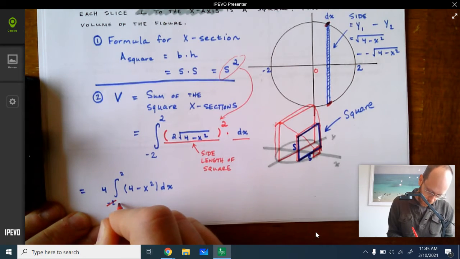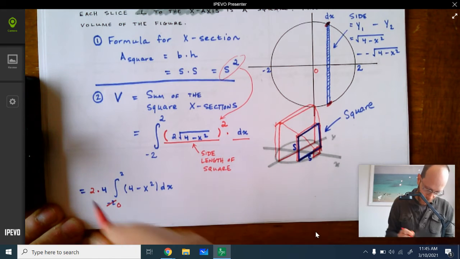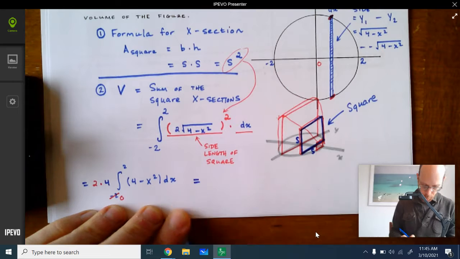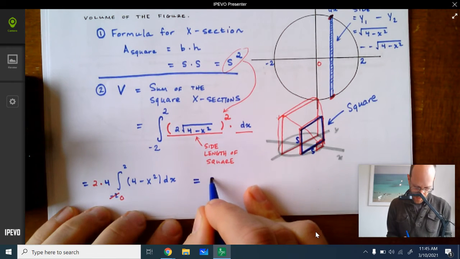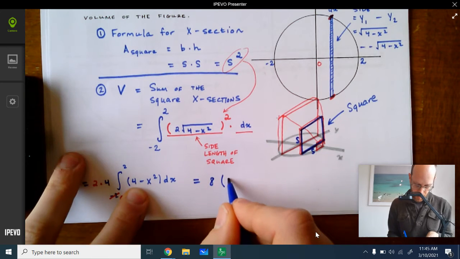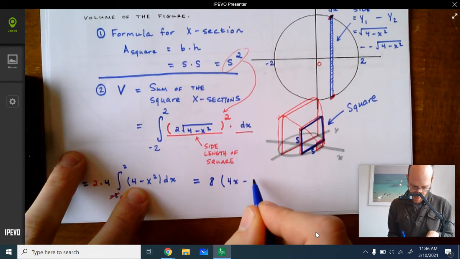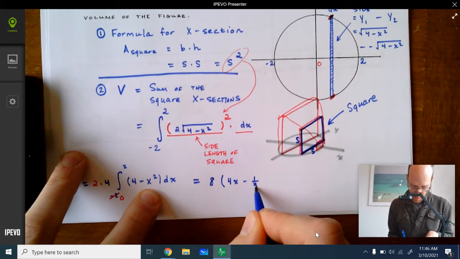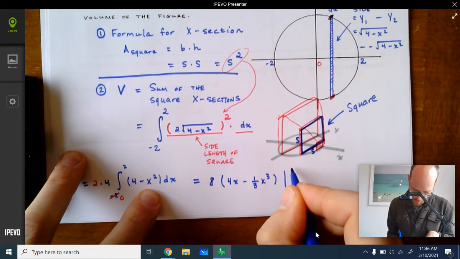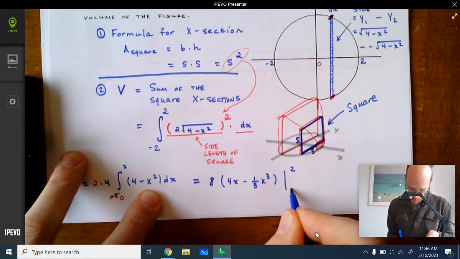So if I change this to a 0 and then I double right here, we're in good shape. All right, here we go. Now 2 times 4 is 8 times the antiderivative, which would be 4x minus the antiderivative, 1/3 x cubed. Evaluate this from 2 to 0.